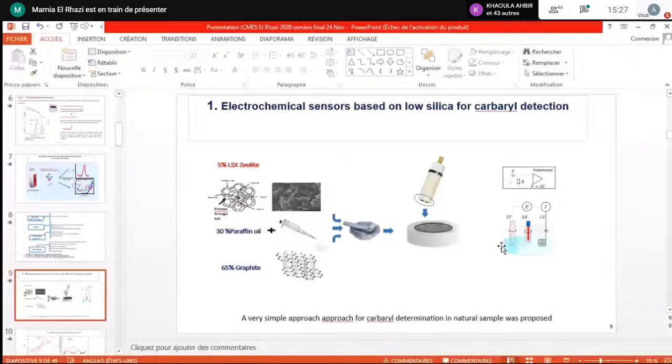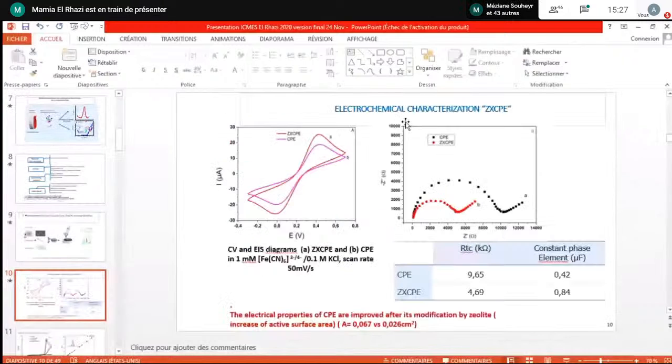Of course, after preparation, the electrode was characterized by different techniques such as X-ray diffraction, scanning electron microscopy, and of course by electrochemical techniques. And here we see the diagram of bare electrode and modified electrode with zeolite.